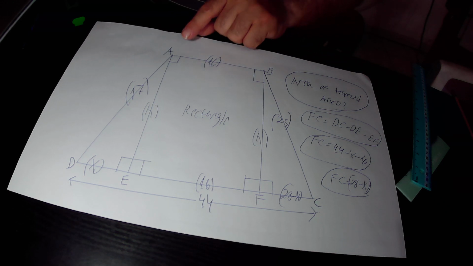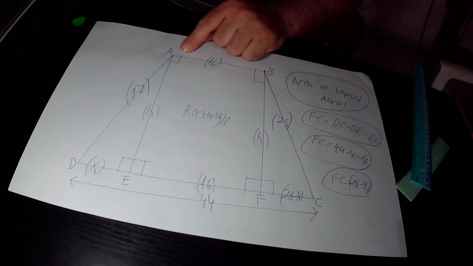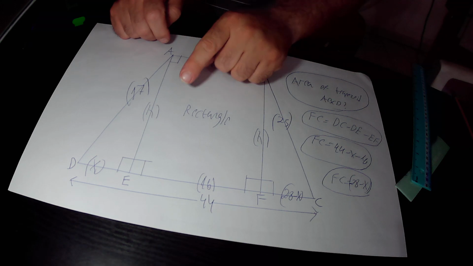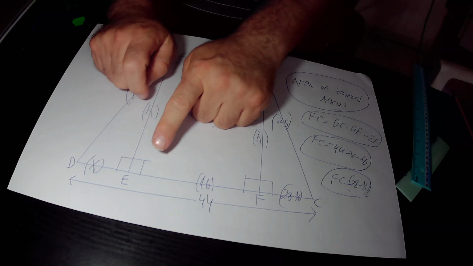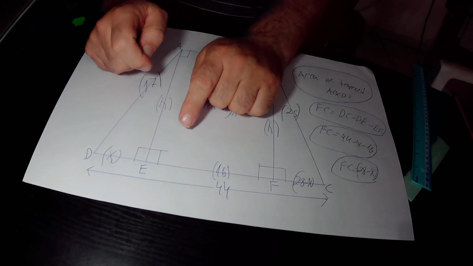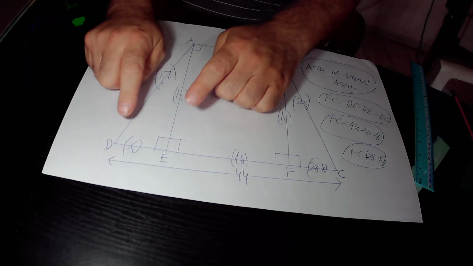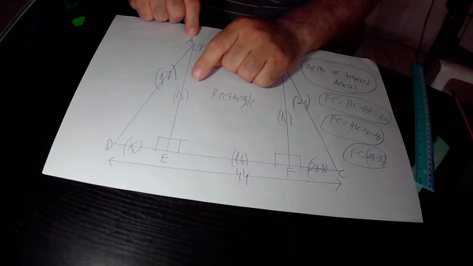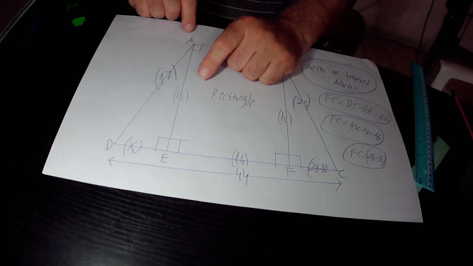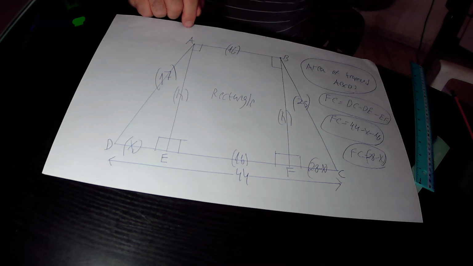From this point A, we draw a perpendicular on DC. So this angle equals 90 degrees, and this angle also equals 90 degrees according to our construction. We define the length of one line as x, and the length of the other line as h. H, which equals AE, is the height of trapezoid ABCD.